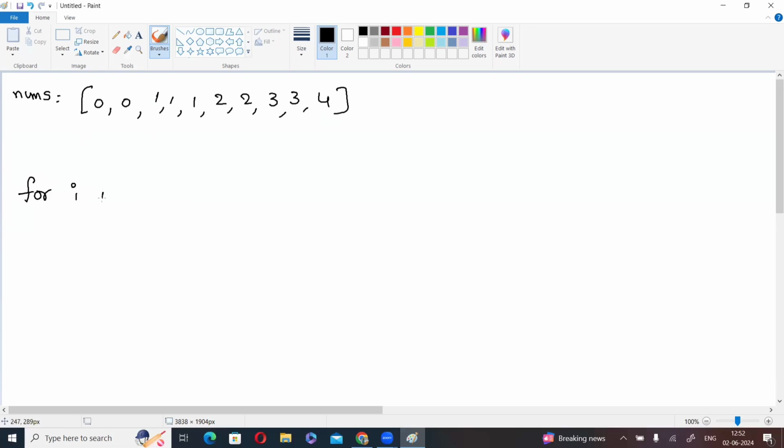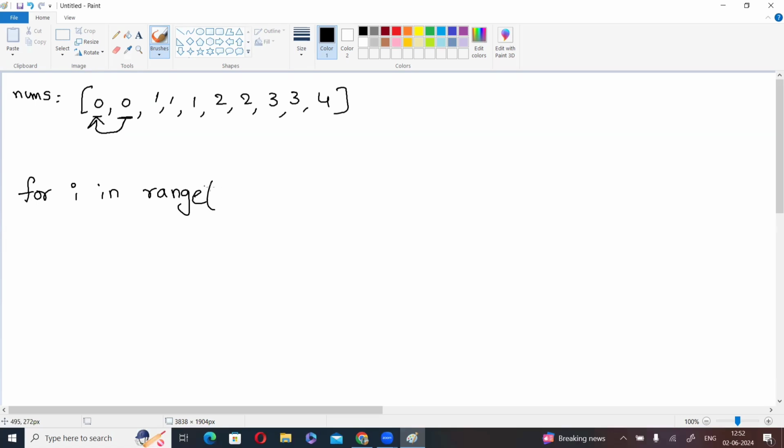For i in range, where you need to start? The first position 0 is fixed. You do not need to place any element. Now, this element is compared with this element.